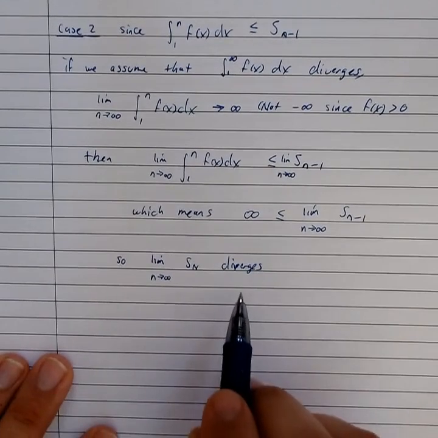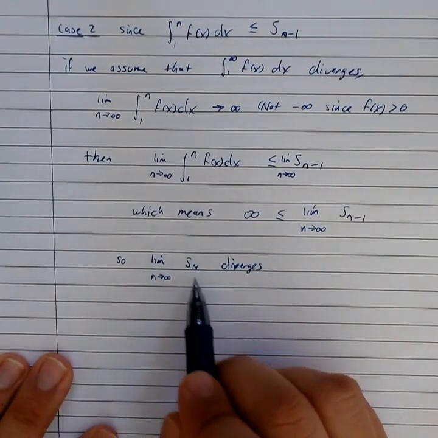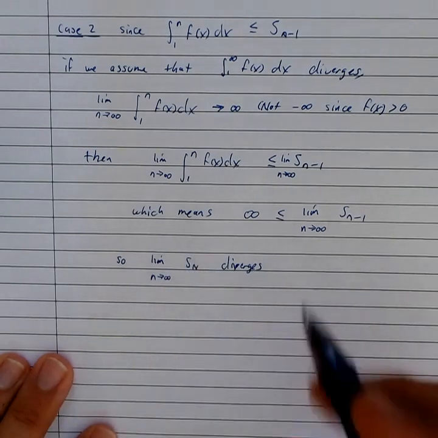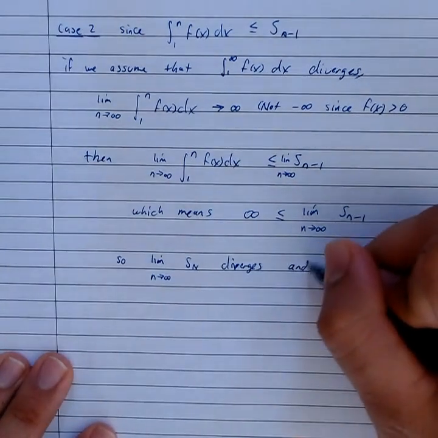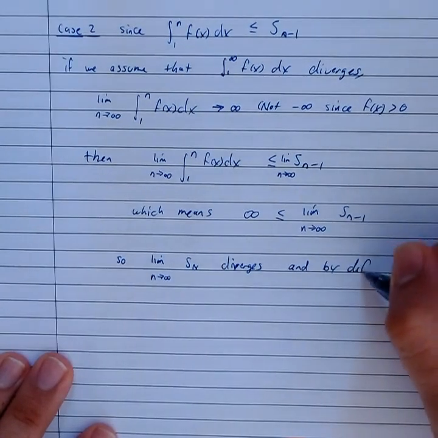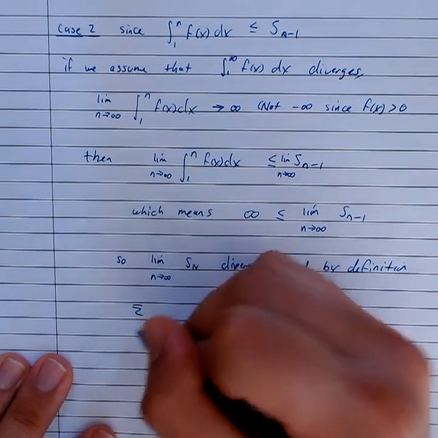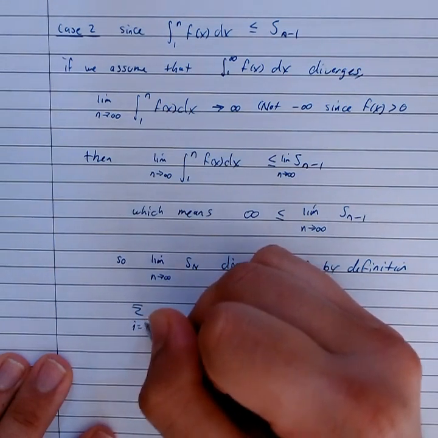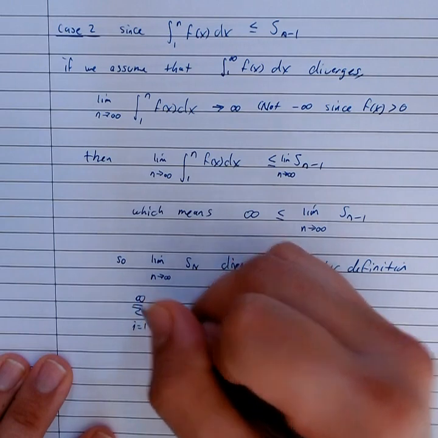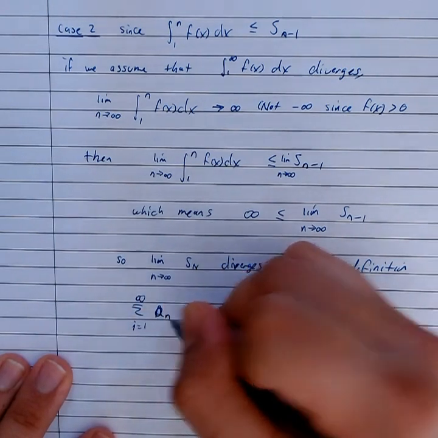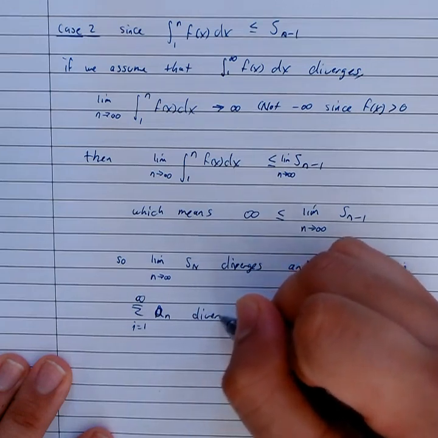Oh, but if that diverges, remember, this is the nth term of the sequence of partial sums. So, by definition, that means that the sum as i goes from 1 up to infinity of a sub n diverges.